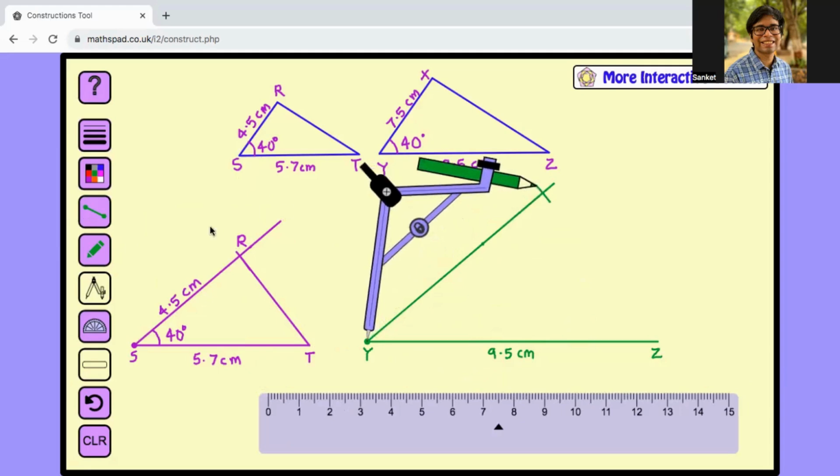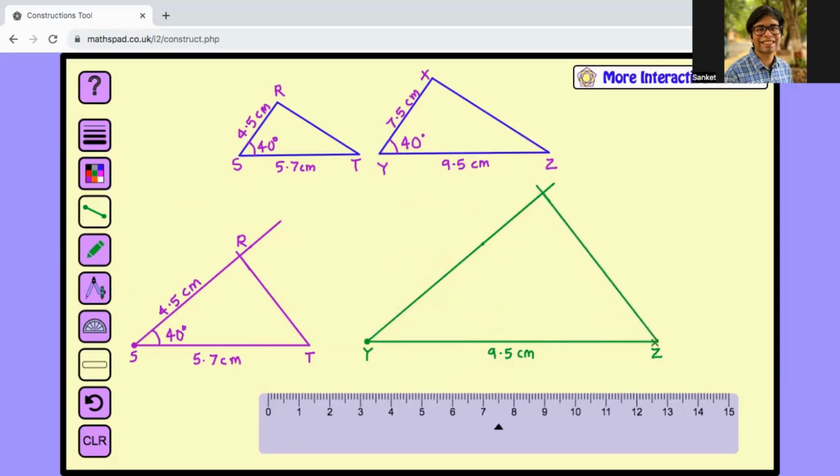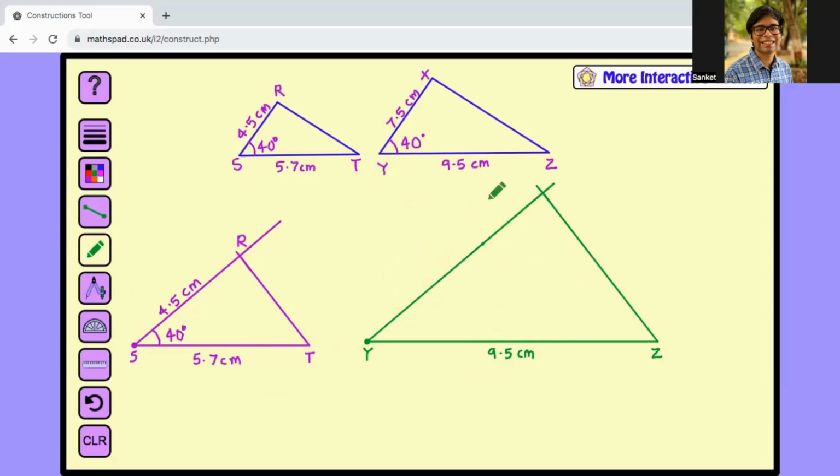Make an arc. Keep my compass away. Join these 2 points. This is my point X. I'm going to put all the measurements on my triangle.